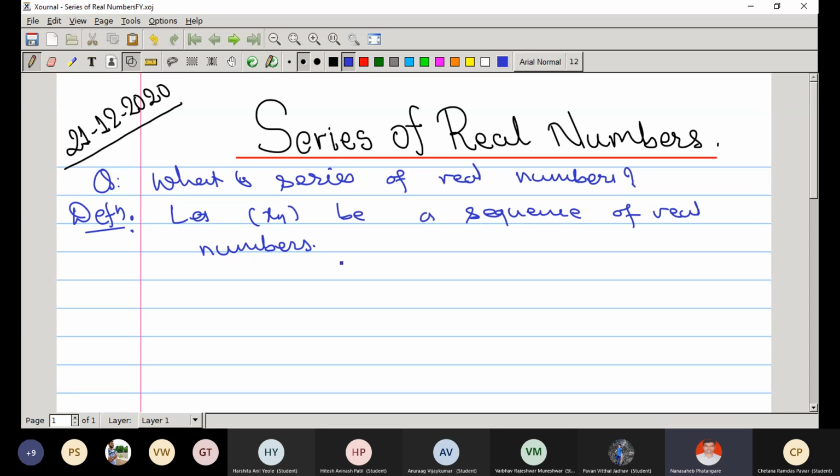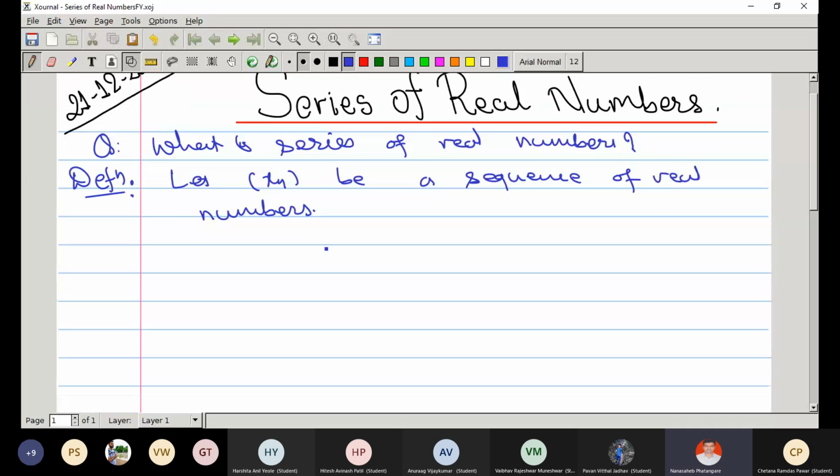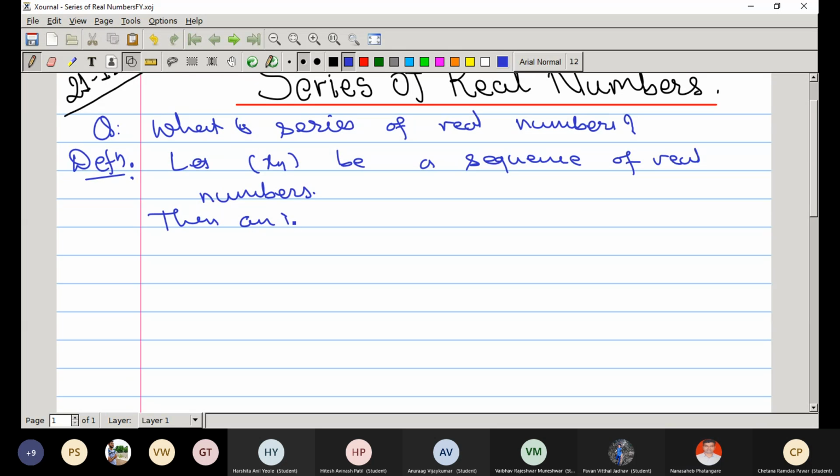If xn is a sequence of real numbers, then the infinite sum of xn is called a series of real numbers.